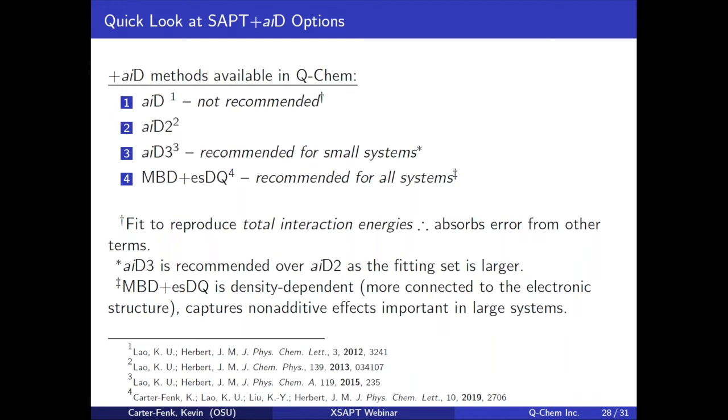So it's comparable to AID3 results in small systems. It's also density dependent. So it's more ab initio than the rest of the empirical dispersion corrections. And it captures these non-additive effects in large systems. So for large monomers, it's definitely recommended.